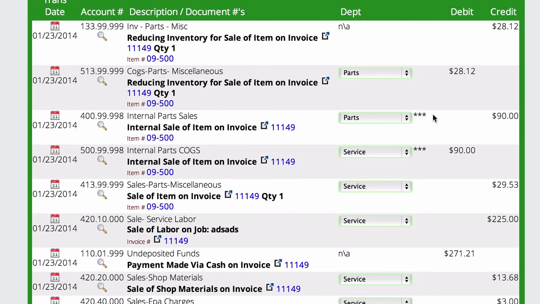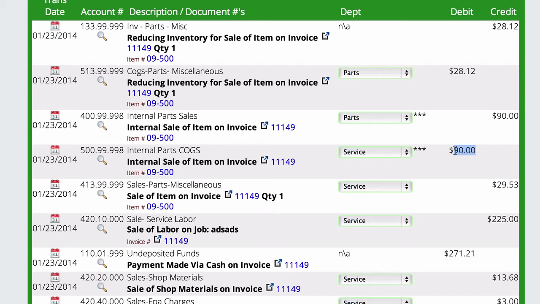What we can see here is that the parts department has a cost of $28, and they sold the part for $90, because when the part hit the invoice before any discount was applied, the list was $90. So the service department, the other side of that imaginary hit, has a $90 cost.